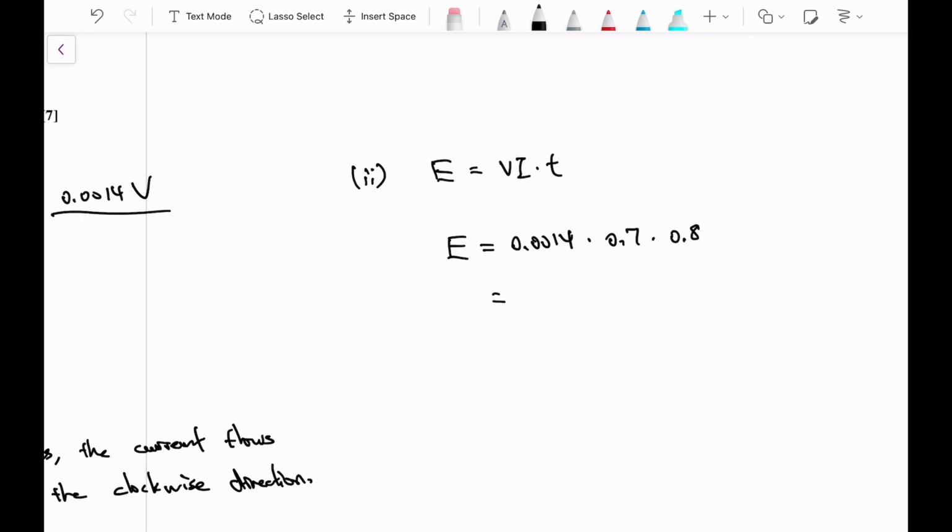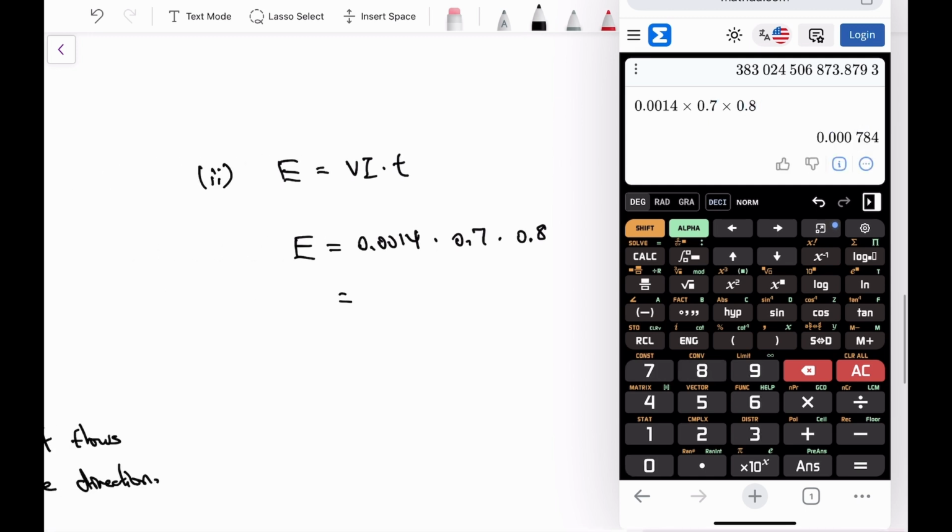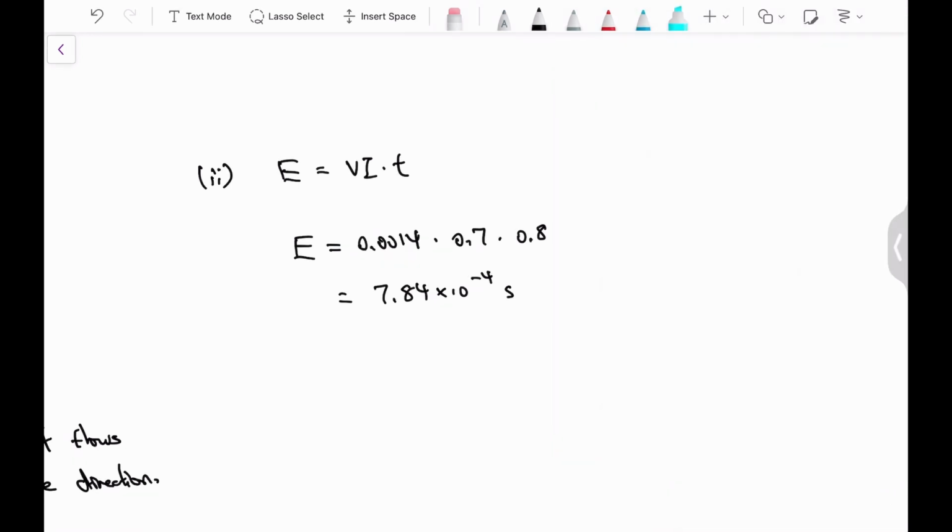That will be 0.0014 times 0.7 and then times 0.8. And then that will be 7.84 times 10 to the negative 4 joules. And that will be the answer to the question.